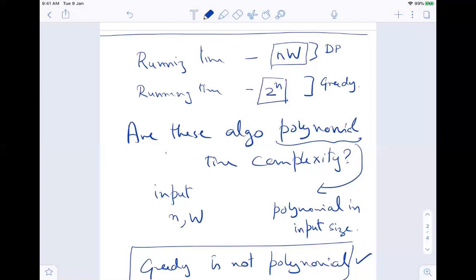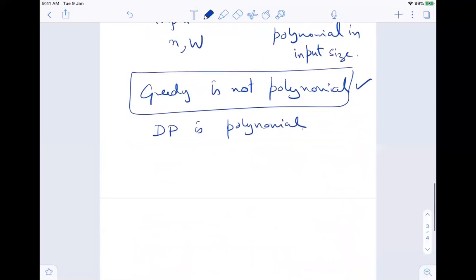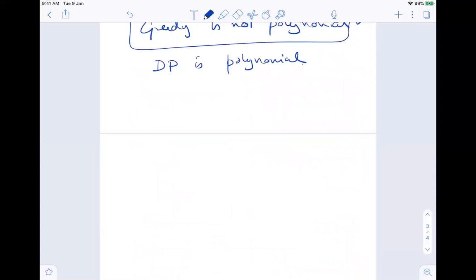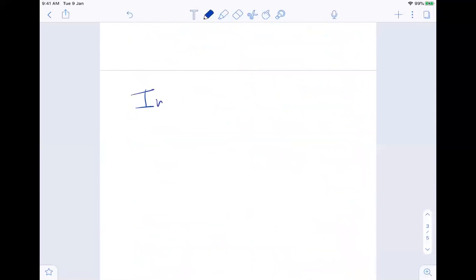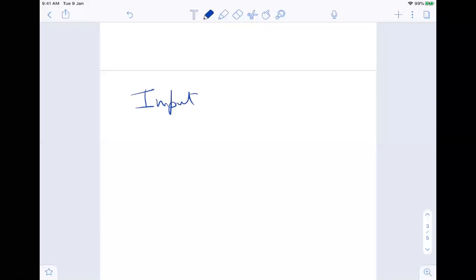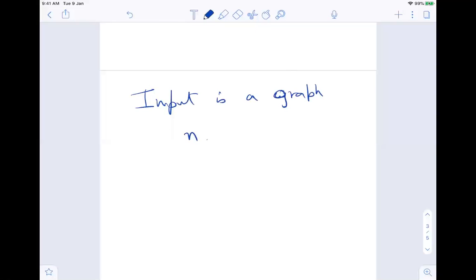It can also have the weight. If the input is just a plain, unweighted graph, then the input has two parameters, n and m.